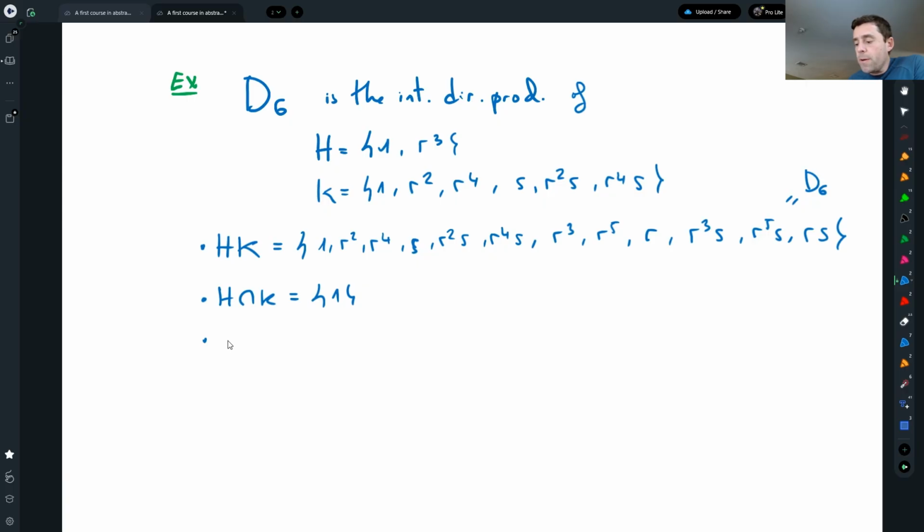And finally, is everything commuting? Now, notice that D6 is not abelian, so I can't say D6 is abelian, so therefore it works. So I have to check by hand that this is true. So first of all, the identity commutes with everything. So let's see, there are two cases. In H, I could have the identity or R cubed.